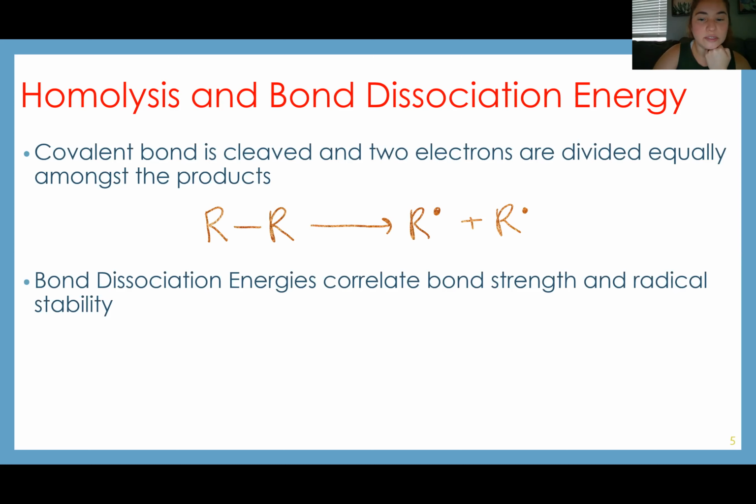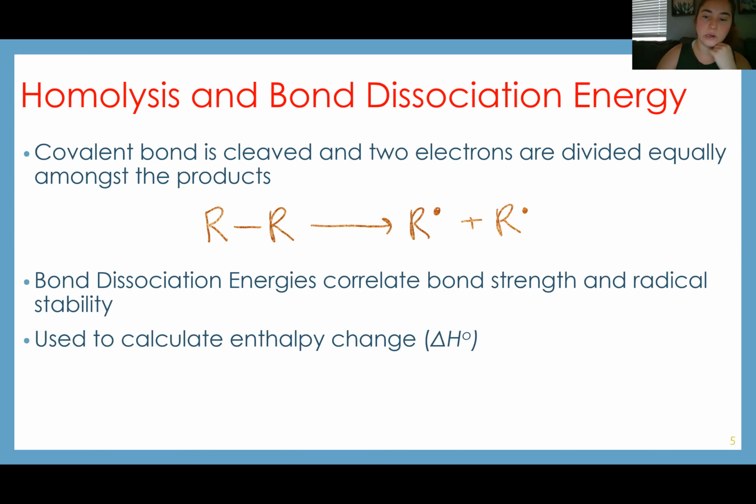The likelihood of this occurring is based on the bond dissociation energy, which correlates to the bond strength. The bond dissociation energy is a term that you've heard before when you learned about calculating the enthalpy of a reaction. The enthalpy change of a reaction was calculated from the bond dissociation energies.